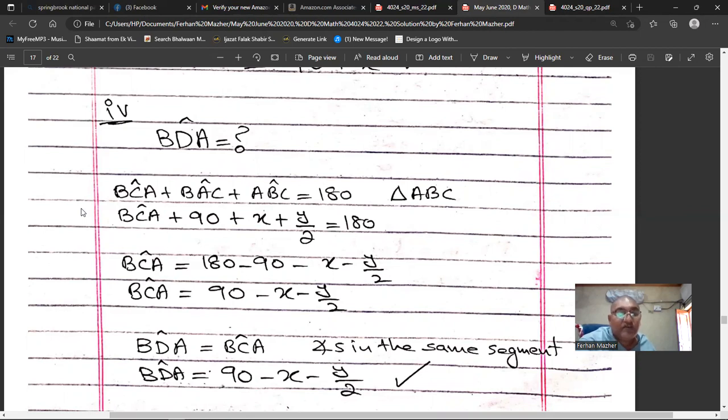So BCA will be equal to 90 minus x minus y by 2. If you have that diagram in front of you, then you can understand these angles. BDA angle and BCA angle, they are angles in the same segment, so they will be equal to each other. So the BDA angle will be equal to 90 minus x minus y by 2.